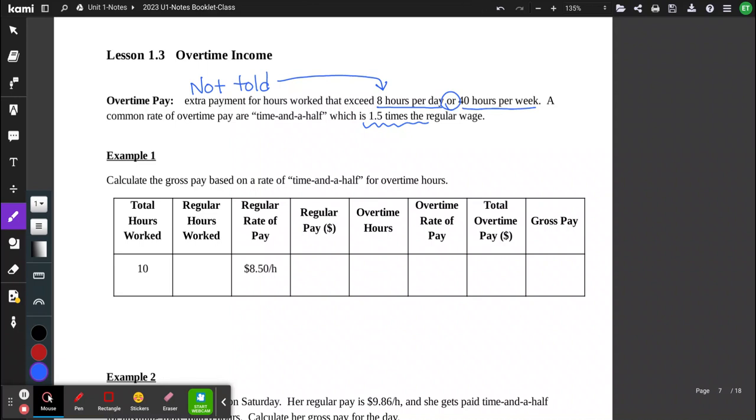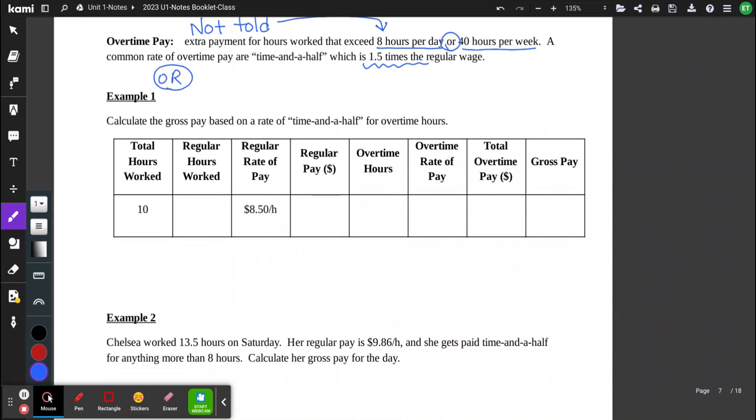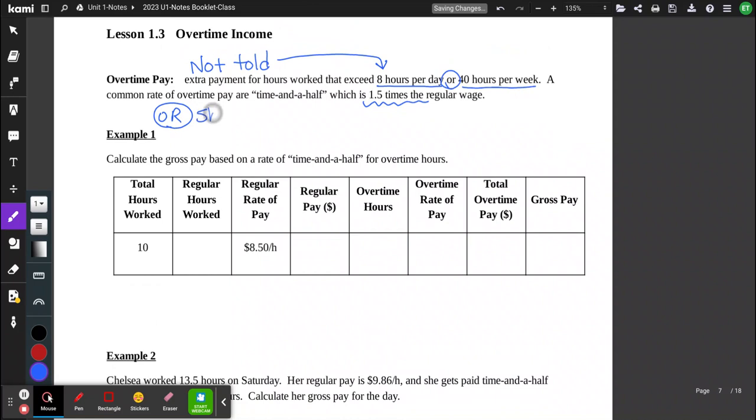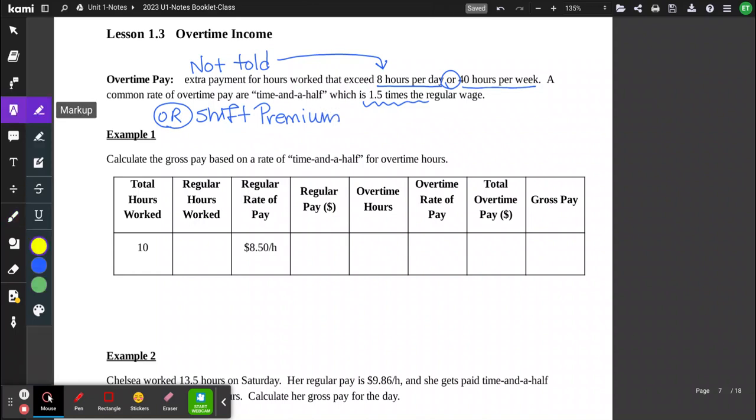Now, that would be your common rate of pay, 1.5 times the original, or, as we talked about in lesson 2, the shift premium. But shift premium is different. So, when we talk about time and a half, we multiply by 1.5.